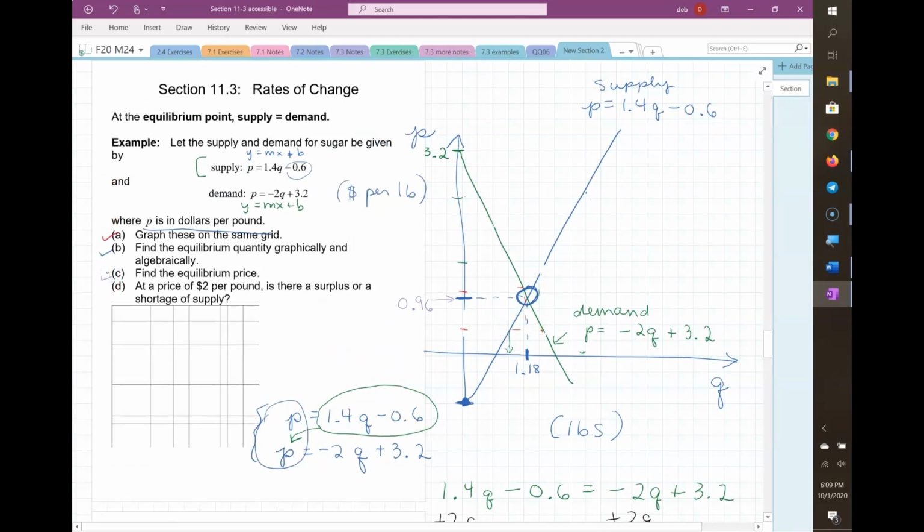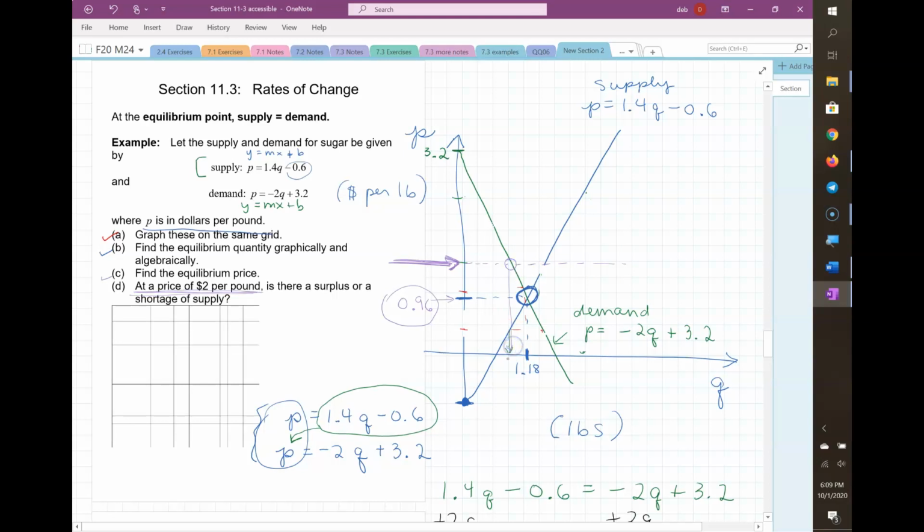And then I really like asking this last question because it makes you think a little. At a price of $2 per pound, okay, so here's our equilibrium price of 0.96, so $2 a pound is somewhere up here. We're asking about what's happening up here. So let's come across and look, and the green line is the demand.